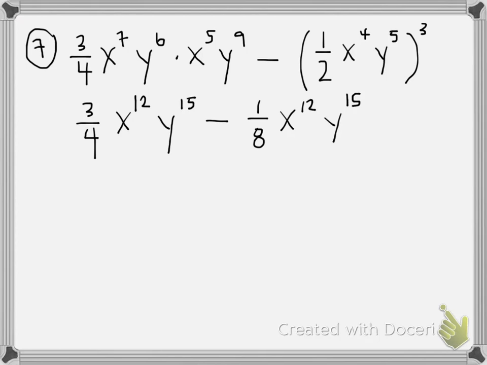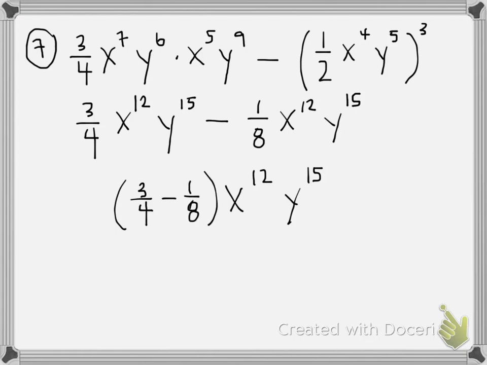Now we have to find our common. Now we can add our like terms because those are in common. So I've got 3/4 minus 1/8. So I'm going to be able to combine these because they are the same. So remember, we do not touch the exponents when we're adding. So what we're going to say is 3/4 minus a 1/8.